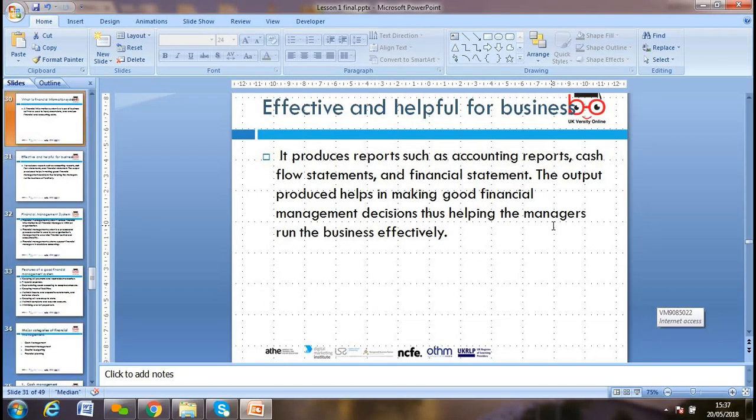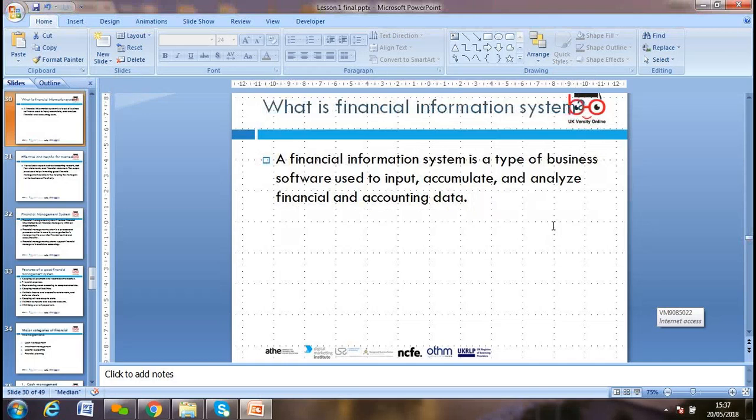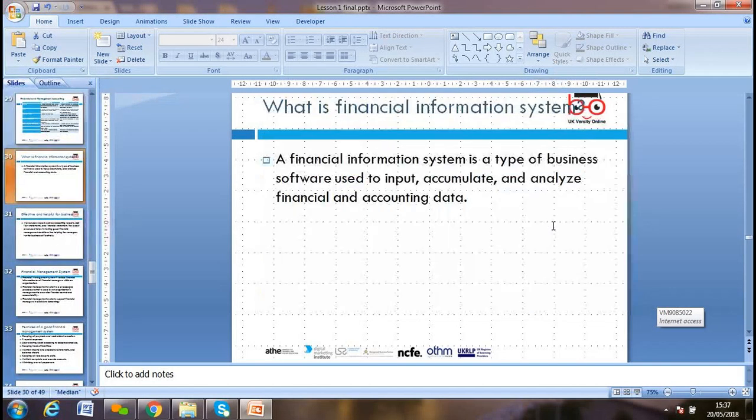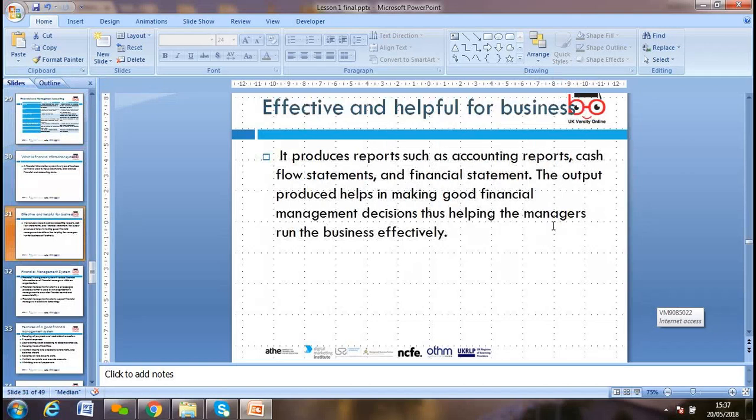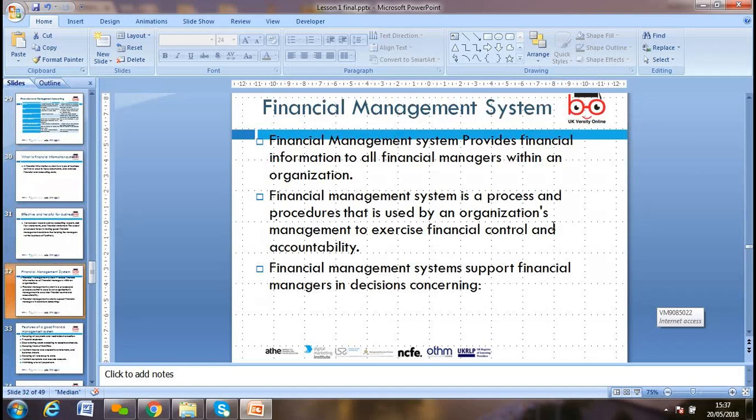an effective and useful business produces reports such as the accounting report, cash flow statement, and financial statement that will help us make decisions and analyze the financial and accounting data. Management accounting system: a management system provides financial information to all managers within our organization.